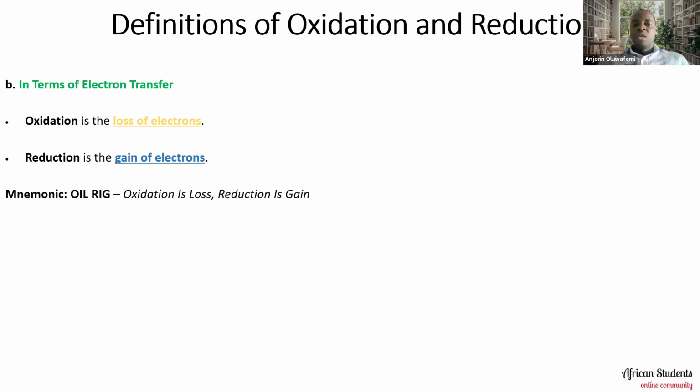So when you remember the mnemonic OIL RIG, you know that oxidation is loss, reduction is gain. That is, oxidation is loss of electrons, reduction is gain of electrons. So that's oxidation and reduction in terms of electron transfer. Don't forget that we are blessed with oil in Nigeria, in Africa as a whole. So remember OIL RIG, and then you say, oh, oxidation is loss, reduction is gain.